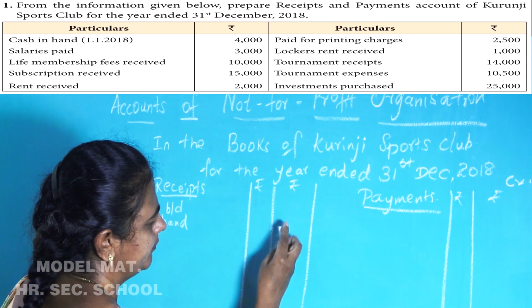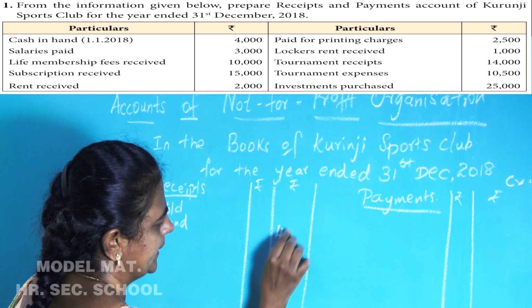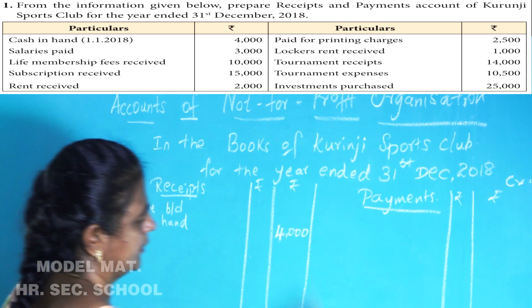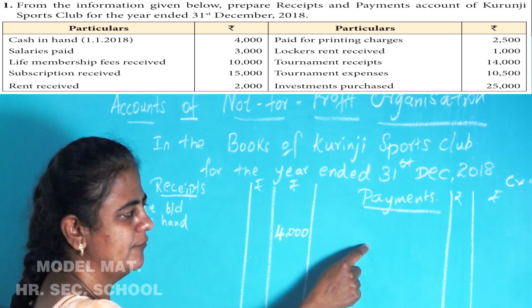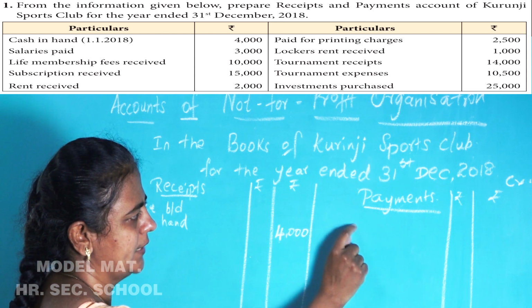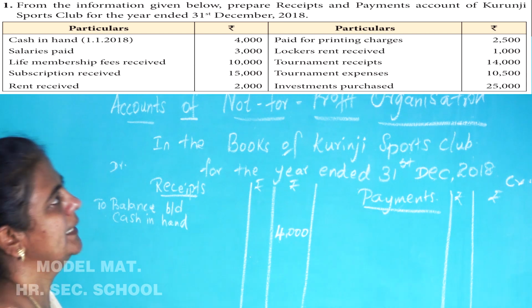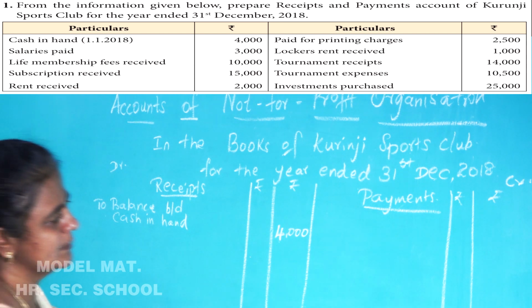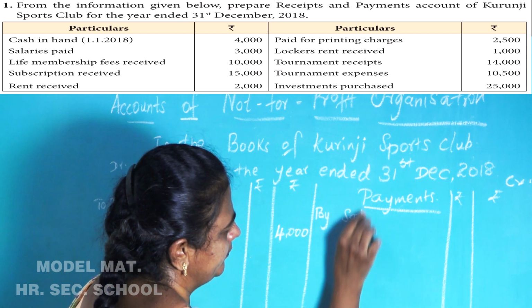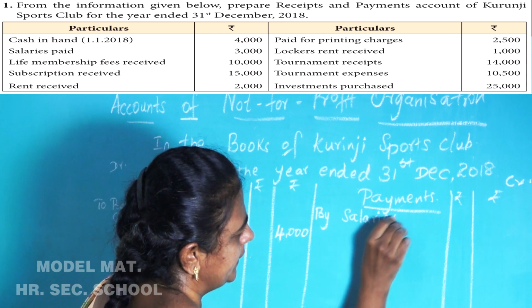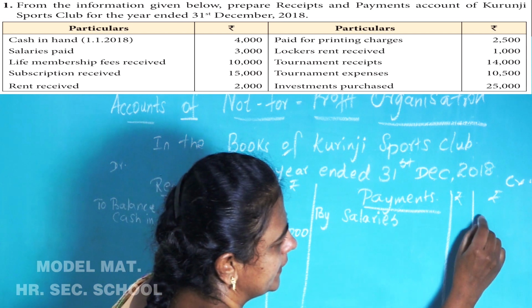Suppose it is an overdraft, its opening balance has to be written on the payment side. Salaries paid 3,000, that is payments, by salaries. What we are paying, write on the payment side, 3,000.